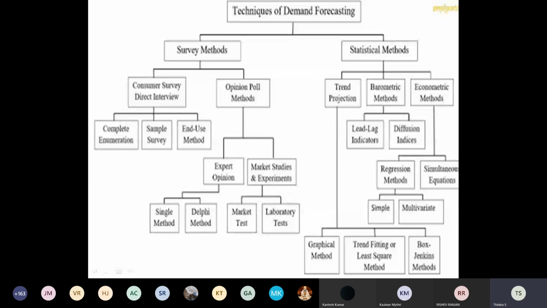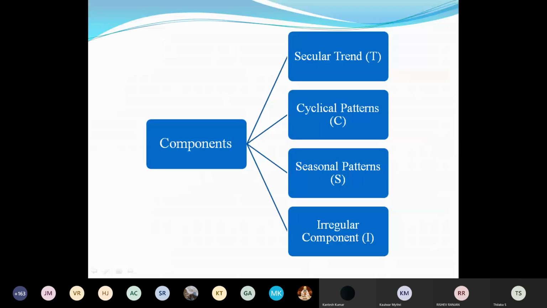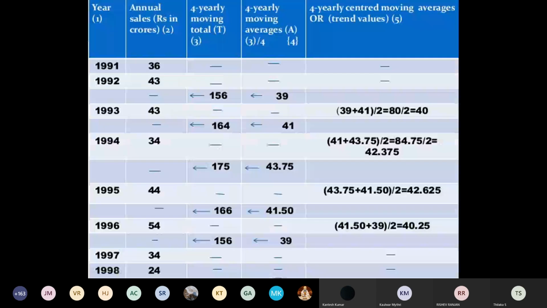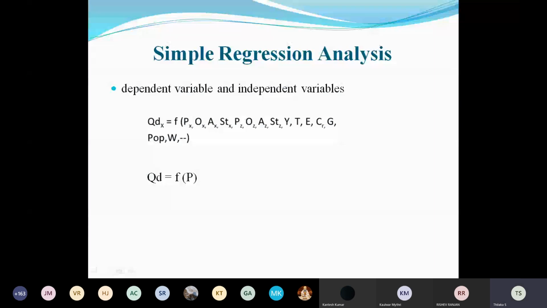So one dependent variable may depend on many independent variables, and in some cases a single dependent variable depends on a single independent variable. Here I took an example of the quantity demanded, which we already discussed.